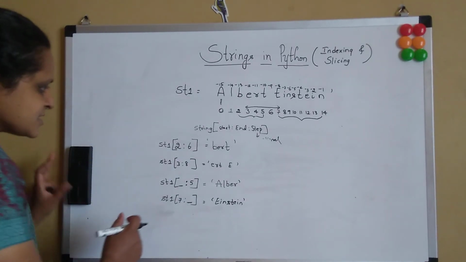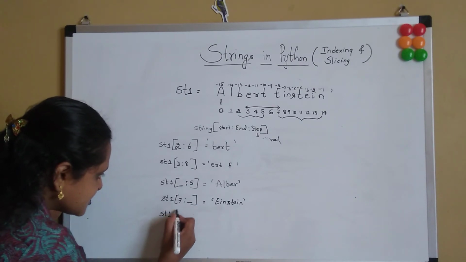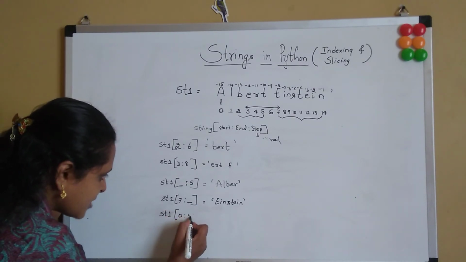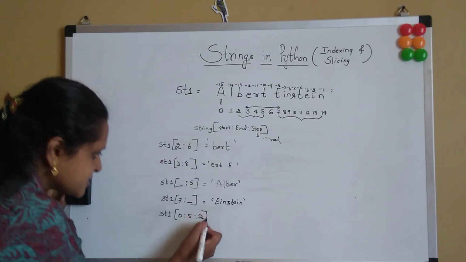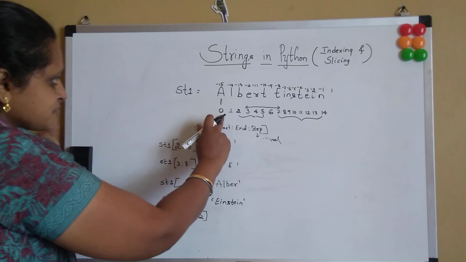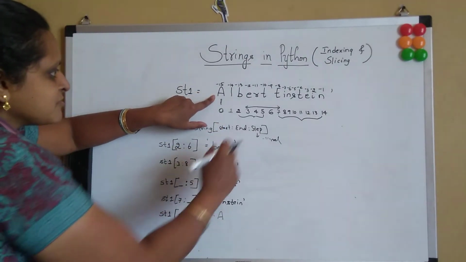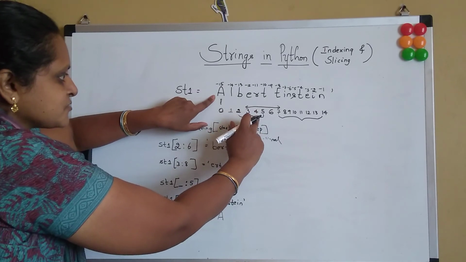And now if I give the step count as well, if I say st1[0:5:2], step is 2. So it will display the first letter A and it will traverse till 5 minus 1, that is 4.